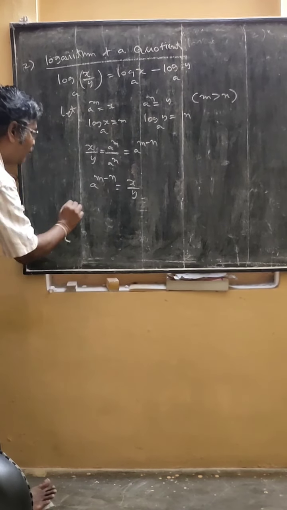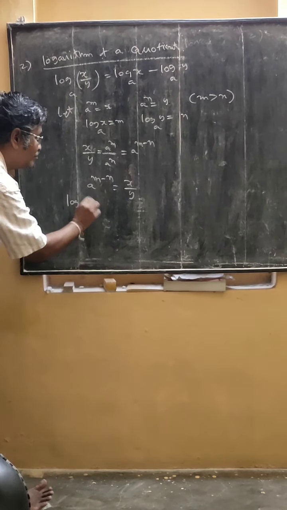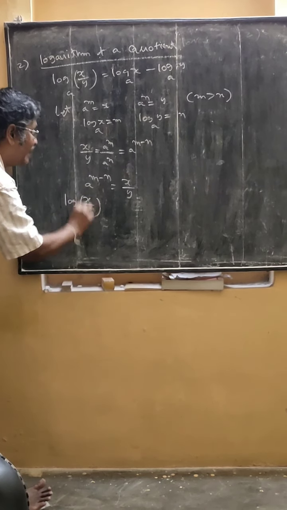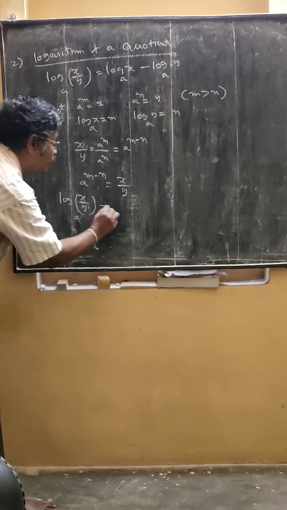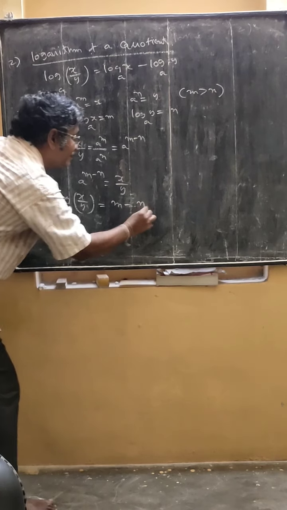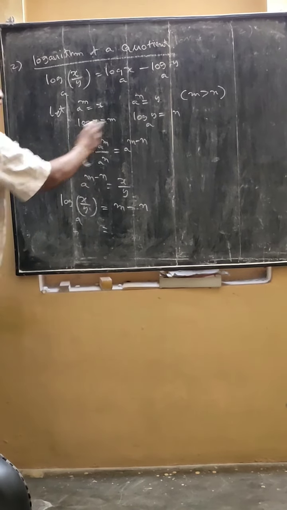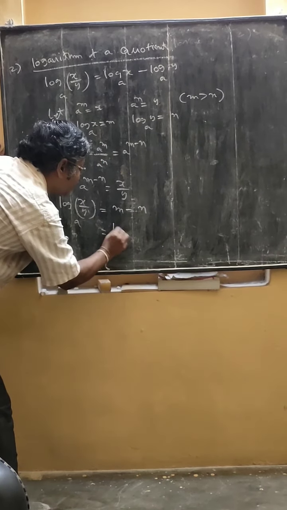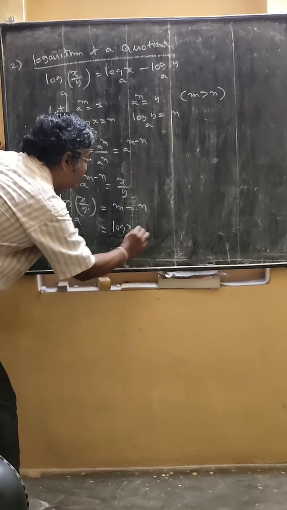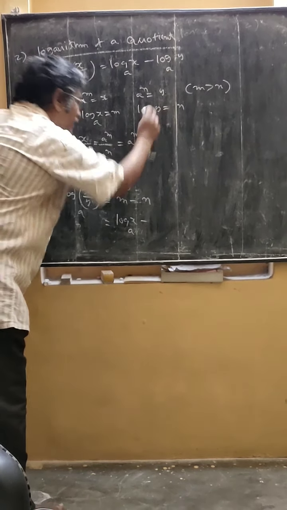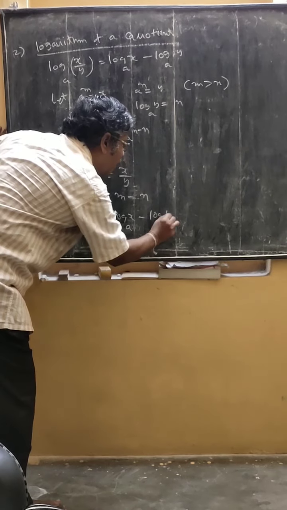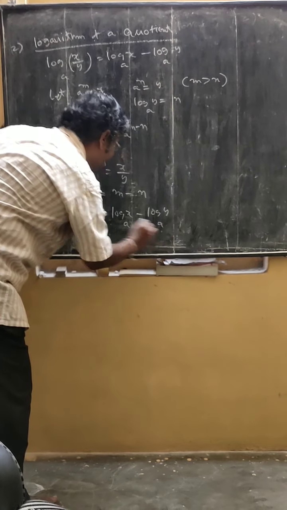Again, this is in exponential form. Write it in logarithmic form. Log x by y to the base a is equal to m minus n. What is m? Log x to the base a. What is n? Log y to the base a.